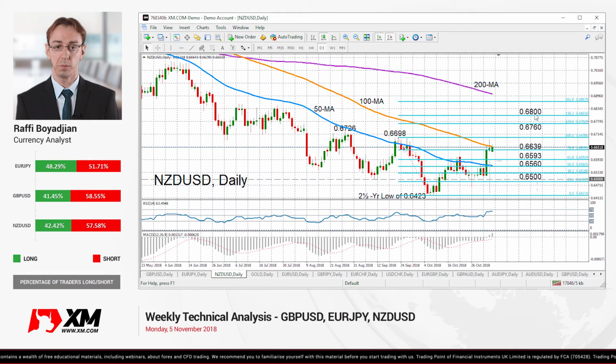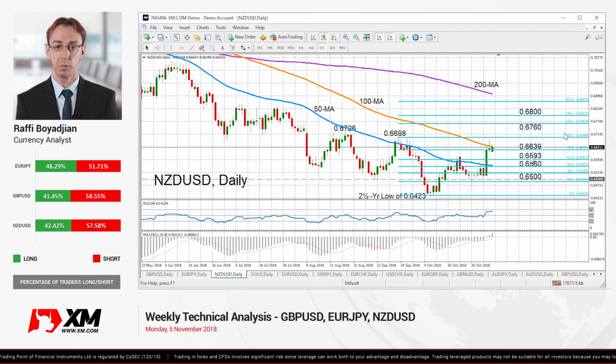Above that, the next key resistance would be the 0.68 level. That's the 138.2% Fibonacci extension, and then we could see Kiwi dollar heading towards the 200 moving average and would be entering a bullish phase in the medium term.